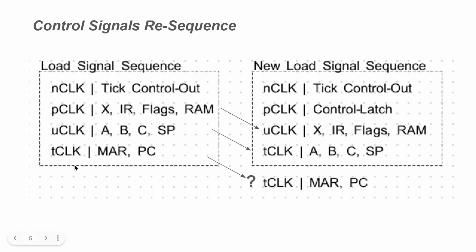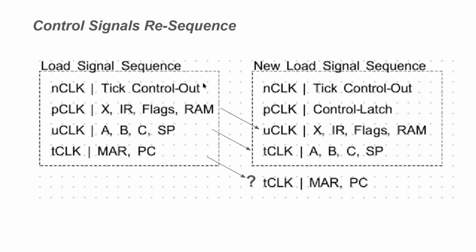We said we have a four-phase clock signal, right? And we do specific things on specific ticks of the clock. I'm not going to go over that again, but this is what we're going to need to do on the new sequence.